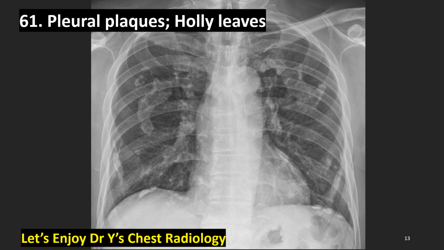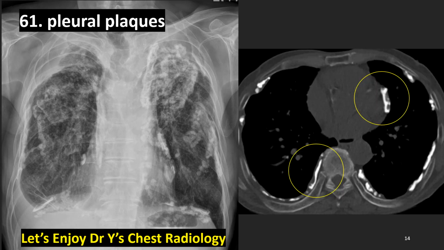How about this film? The calcifications of the parietal pleura are similar to the previous film slide of holly leaves. Old man, more extensive pleural plaques and denser pleural plaque density.